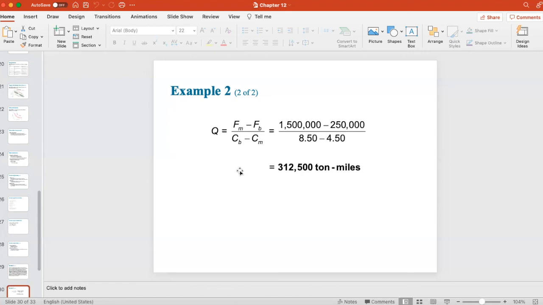So let me ask you a very straightforward question. When Q is 312,500 units, it doesn't matter whether you choose vertical integration or outsourcing, because it will cost you the same money. You can definitely double check that. But when the order quantity is above this amount, which one is better?